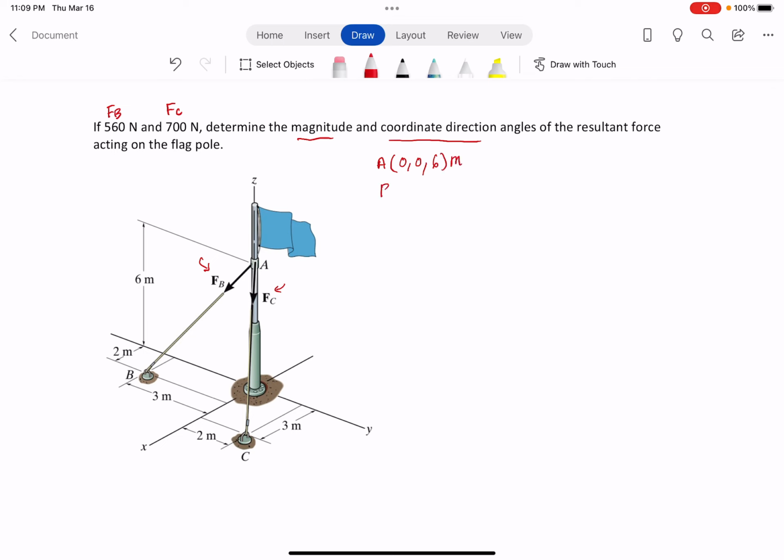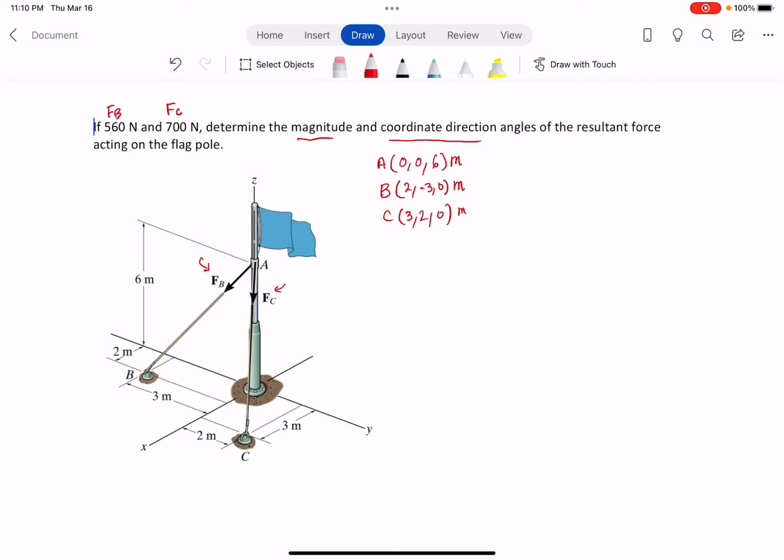Coordinate B is 2 in the x, -3 in the y, and since it is on the floor, z is 0. This is in meters. And let's look at C, since point A is common: point C is 3 in the x, 2 in the y, and 0 in the z.